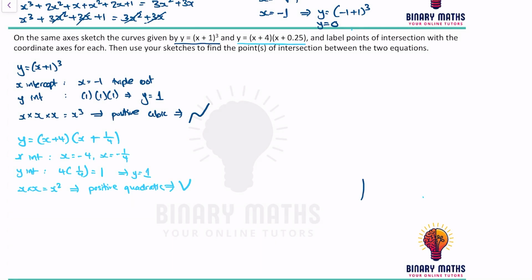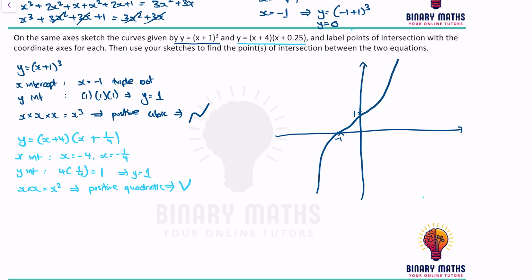So when we sketch these two graphs, okay, the cubic has a triple root at -1 and a y-intercept at 1. So it looks something like so.